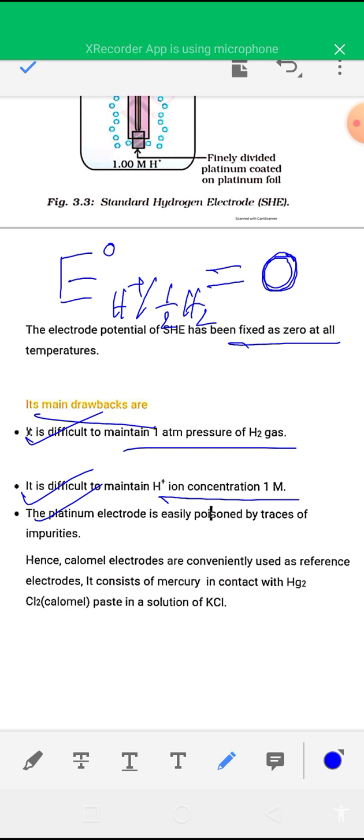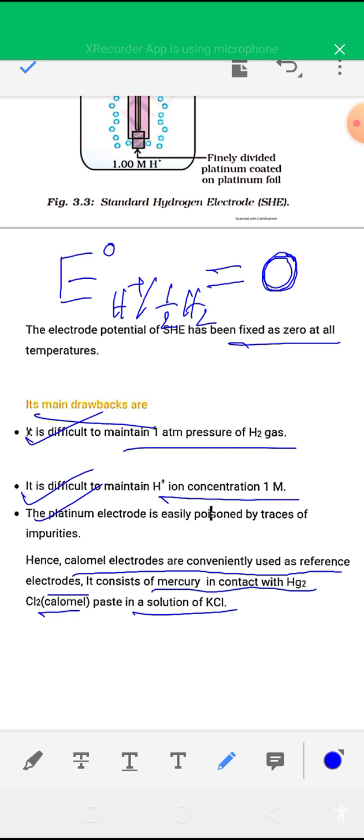and hence now calomel electrodes are conveniently used as reference electrodes, and it consists of mercury in contact with mercurous chloride, Hg2Cl2, placed in a solution of KCl. Okay, the calomel electrode consists of mercury in contact with mercurous chloride, that is Hg slash Hg2Cl2 slash KCl.